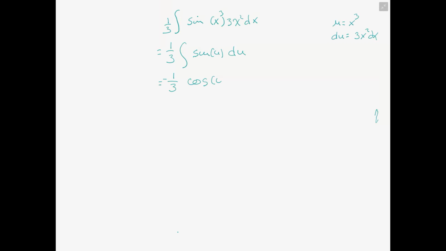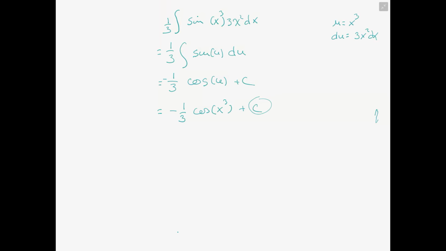And we know from our trigonometric integrations that this is equal to minus 1/3 cosine of u plus c, and that's equal to minus 1/3 cosine of x to the third plus c.